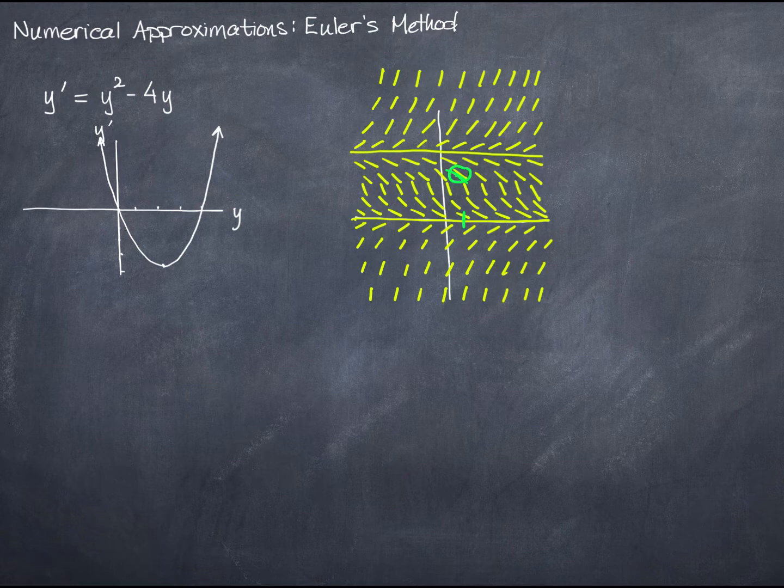The slope of the line tangent to that curve is represented by this yellow segment here. That is the tangent line, and it has a slope, and it's small. It's negative. I'm looking at this sideways at the moment. It's negative and relatively small.